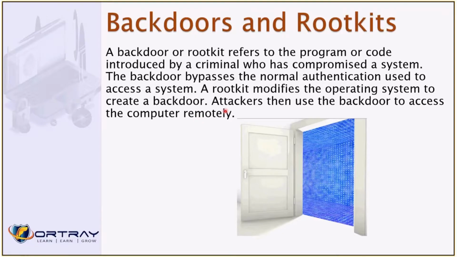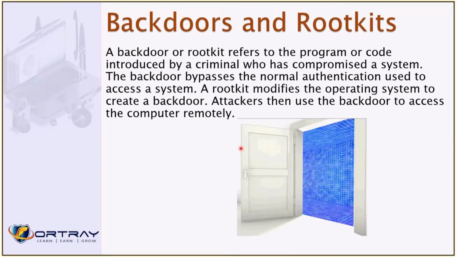Okay, a rootkit modifies the operating system to create a backdoor. An attacker can use the backdoor to access the computer remotely, without your knowledge, because you are using the normal way. If they're using a backdoor, the good thing for them is that, for example, no logs are generated. So they keep themselves safe, and the person also doesn't know that somebody is using the backdoor.